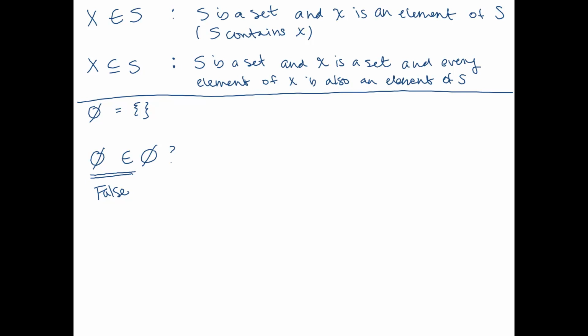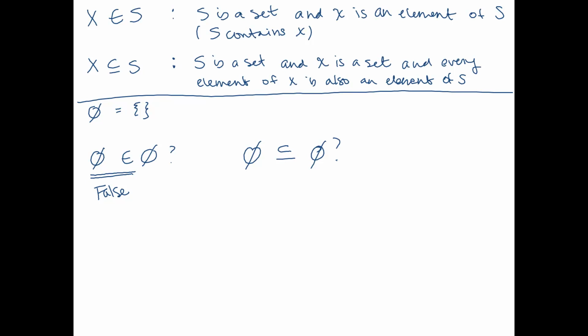Okay, how about if the empty set is a subset of the empty set? Let's remind ourselves what subset means. It means that every element in the subset is also in the set.